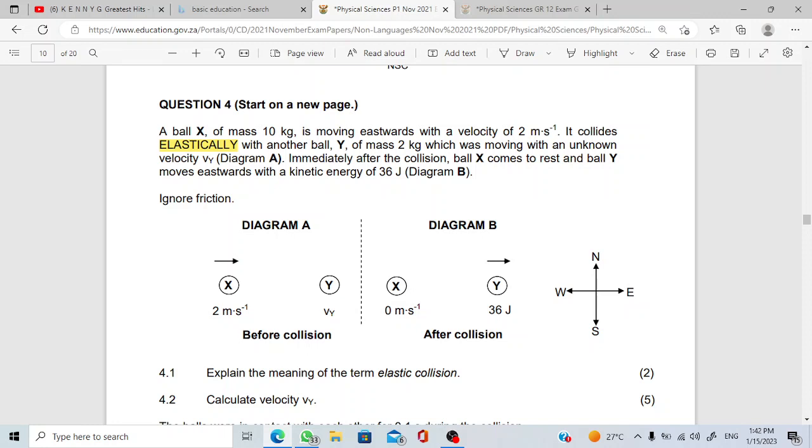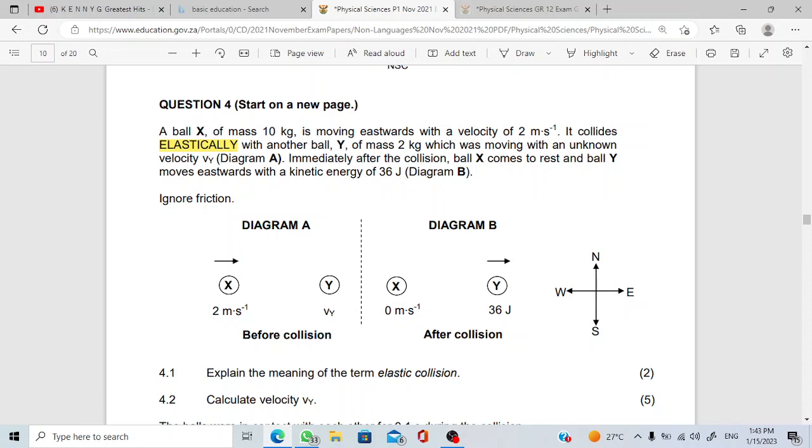So now you have the kinetic energy of this ball, and you know its mass. You don't know its velocity here, but you can find it. The question will say calculate the velocity Vy.